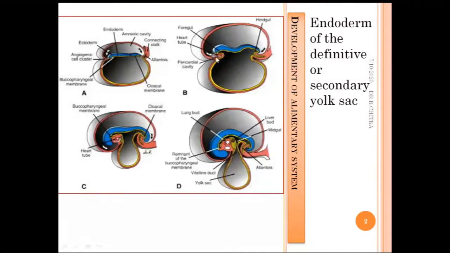So the foldings of the embryo have started, cephalic and the caudal foldings. When the cephalic and caudal foldings occur, this yolk sac is withdrawn inside, and this indrawn part of the yolk sac forms the primitive gut. So from the endoderm of that yolk sac, this epithelium of the GIT is derived.